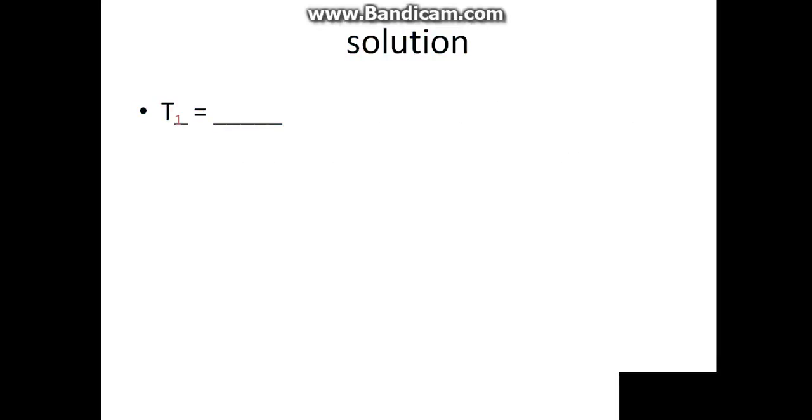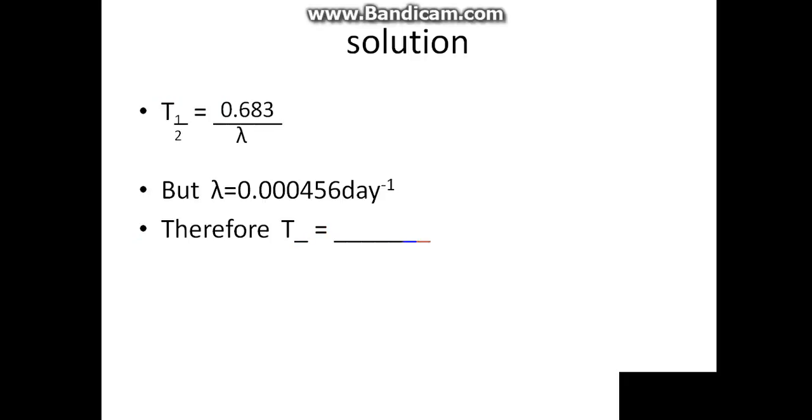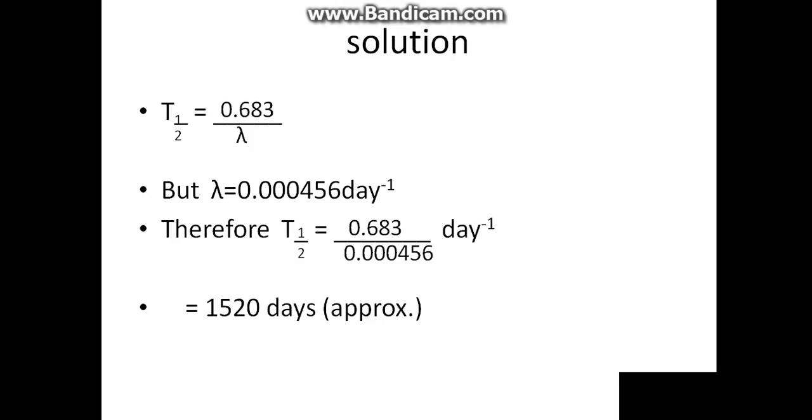T half is equal to 0.693 over lambda, where lambda is 0.000456 per day. Therefore, T half is equal to 0.693 over 0.000456 per day, which gives us approximately 1,520 days.